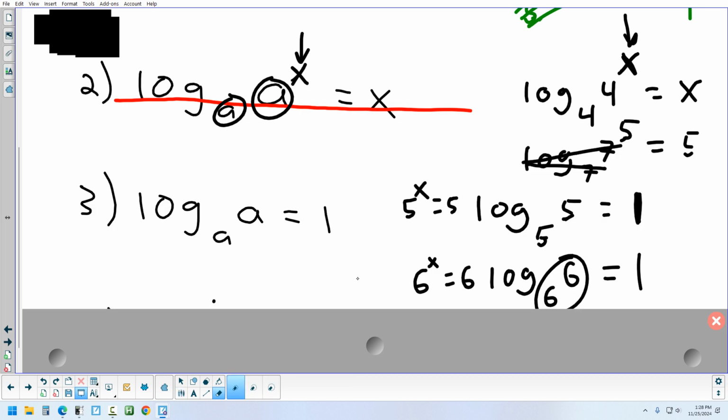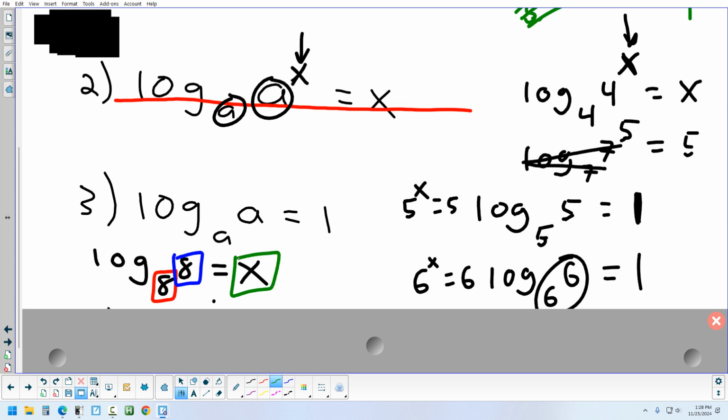If you weren't sure, like let's say log base 8 of 8, and you had no idea what it is, just put equals x. Which box there is my base? The red one, 8. Which box is my exponent?